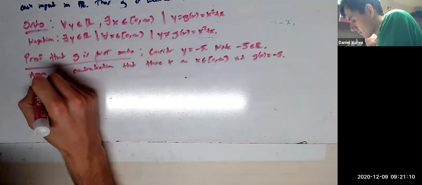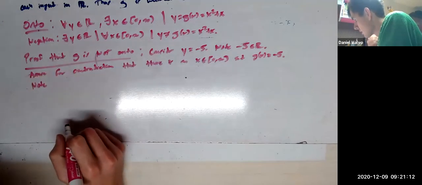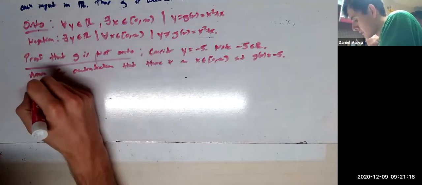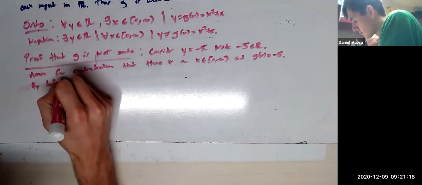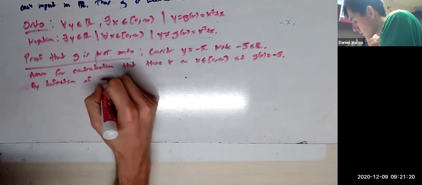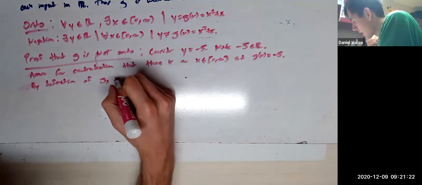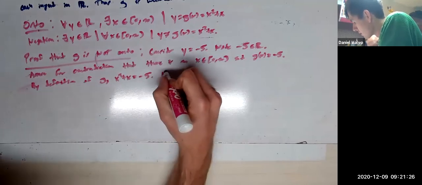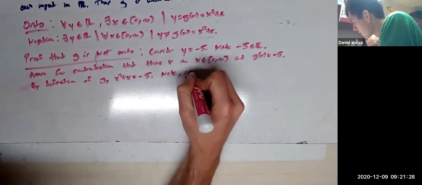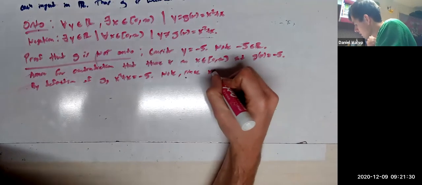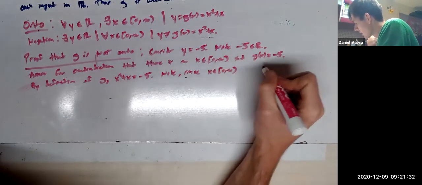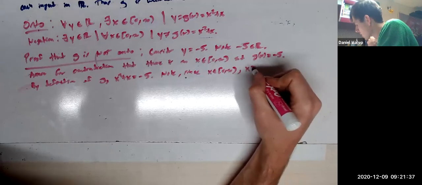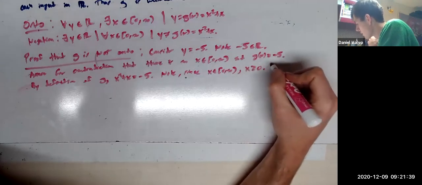By definition of g, we have that x squared plus x equals -5. Note, since x is in 0 to infinity, x is greater than or equal to 0.